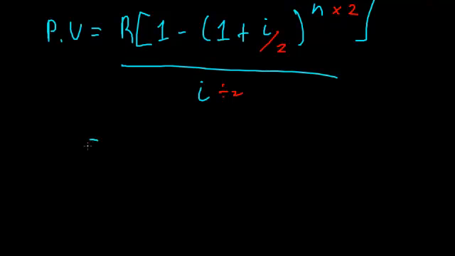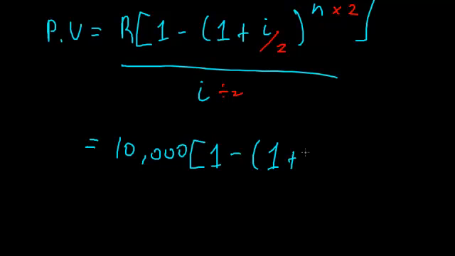And so now we just got to sub in the values. 10,000, which is the amount he wishes to receive, into 1 minus 1 plus 0.06 divided by 2, to the power of negative n. Sorry, this was negative n.